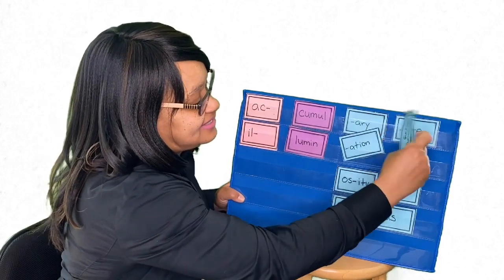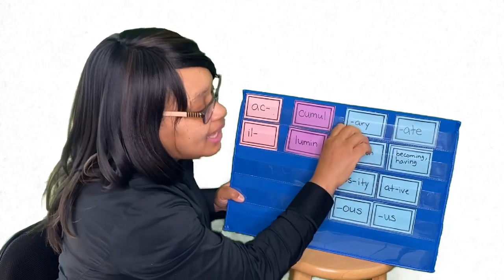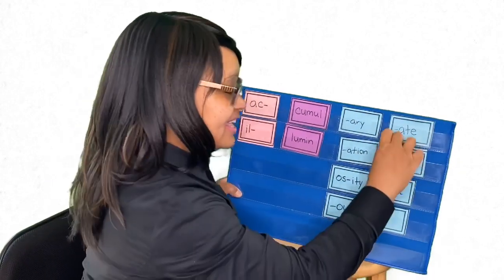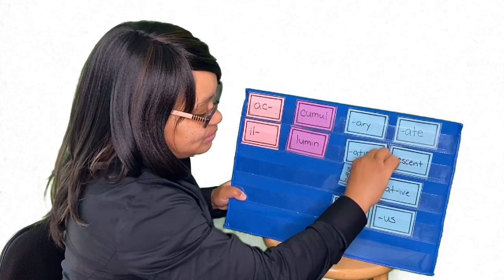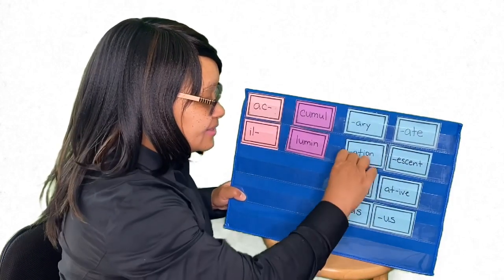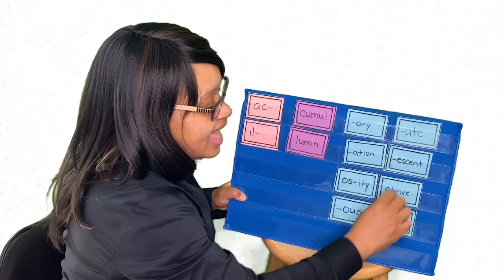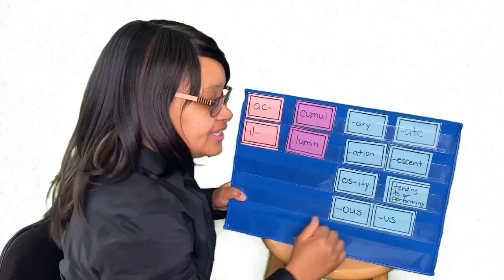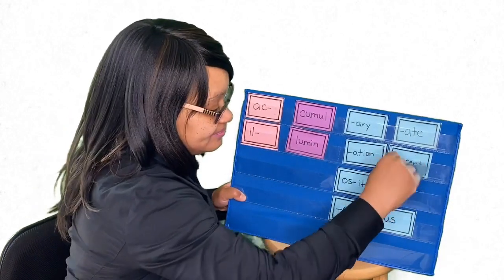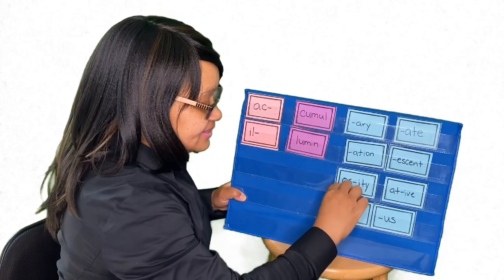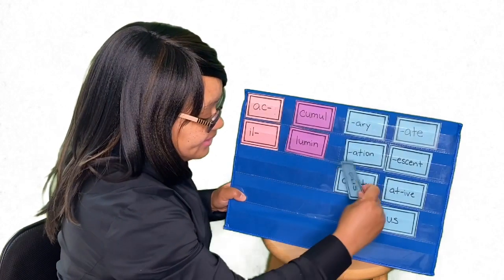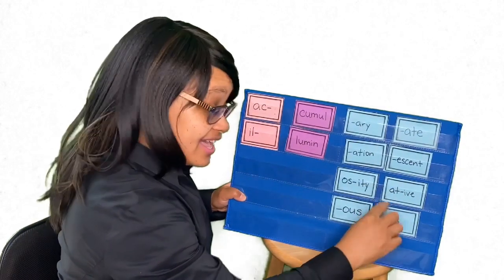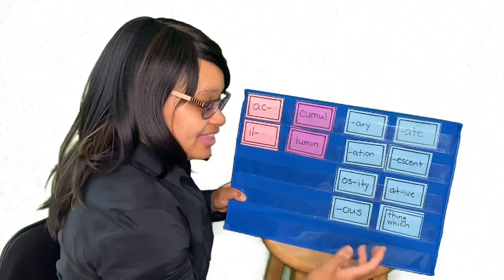Escent, which is becoming or having. Osity, which is state, quality, or act. Ative, which is tending to or performing. Us, which is having the quality of. And finally, us, which is a thing which.